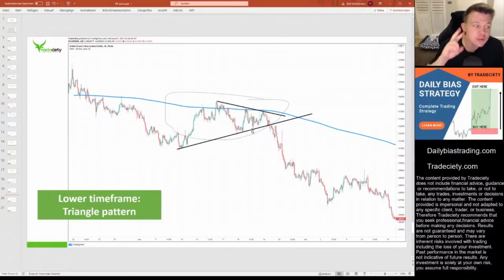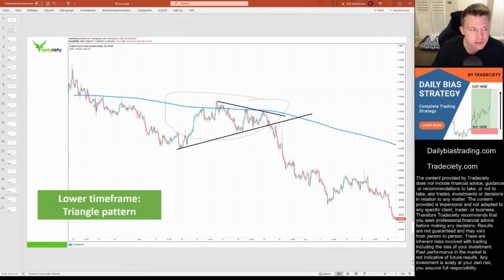You can connect any 2 random price points on your charts, but only if you have 3 touch points is a trend line not subjective anymore. Only then do you have a valid trend line. So we have 1, 2, 3, maybe even 4 touch points, so definitely a great trend line.